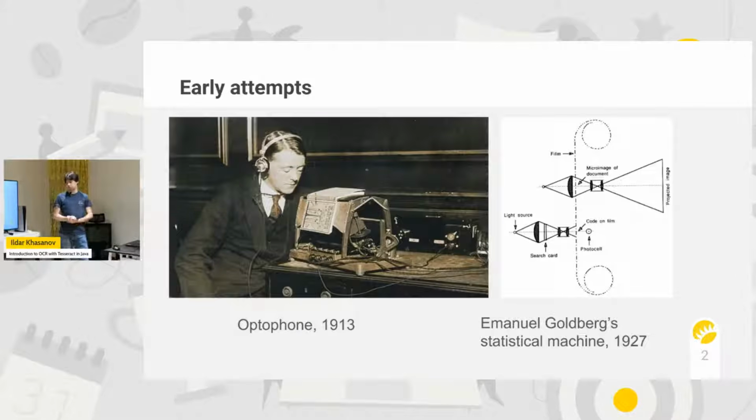And as you see, it was developed more than 100 years ago, and still, despite more than a century of constant innovations, we still use some of the ideas that were initially invented by these inventors.